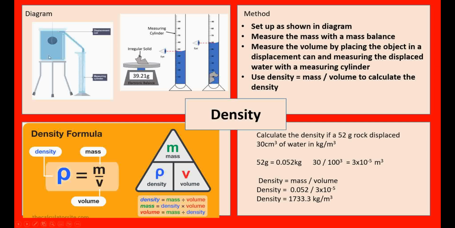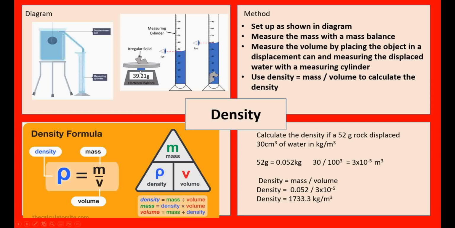We can either use the displacement can, like on the left here, where we put the object into the displacement can and catch any of the displaced water in a measuring cylinder. We use that measuring cylinder to measure the volume of the displaced liquid, which is the same as the volume of the object. Or we can use a measuring cylinder on its own and drop the irregular object into it and see the change in volume, and that change will be equal to the volume of the object.